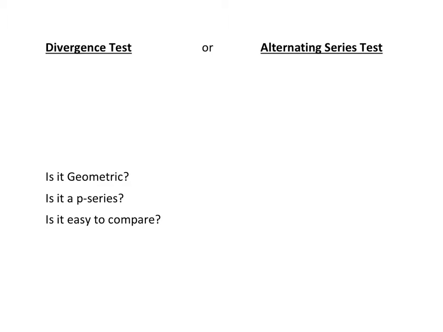If it's an alternating series, I'm going immediately there. If it's not an alternating series, I'm going to start with the divergence test, which, if you recall, simply says the series a sub n diverges if the limit as n approaches infinity of a sub n does not equal 0.